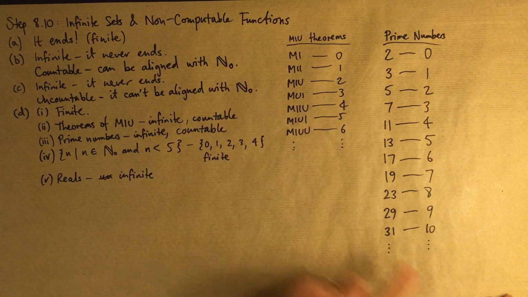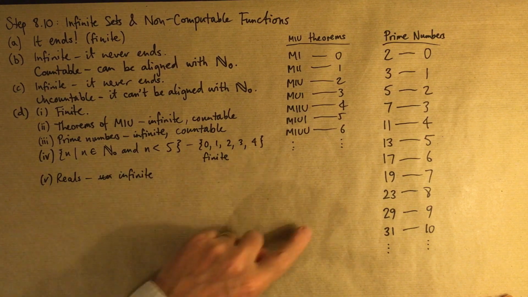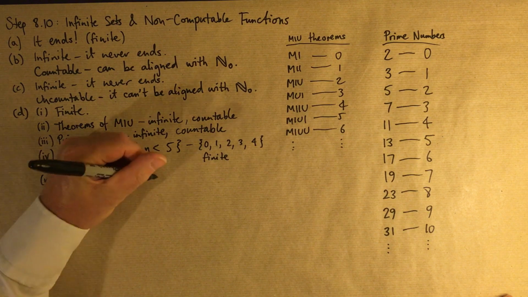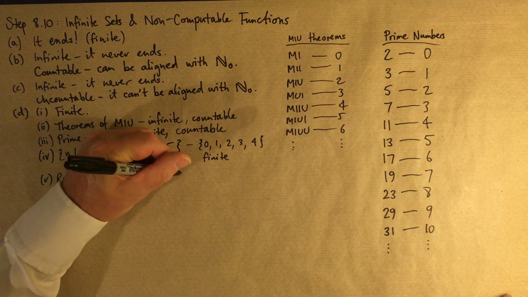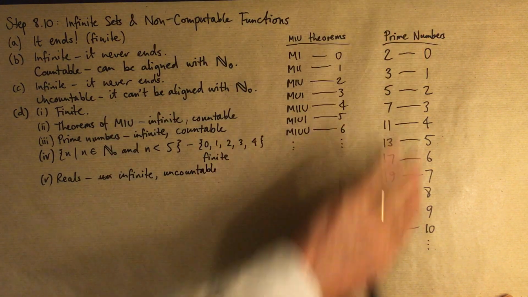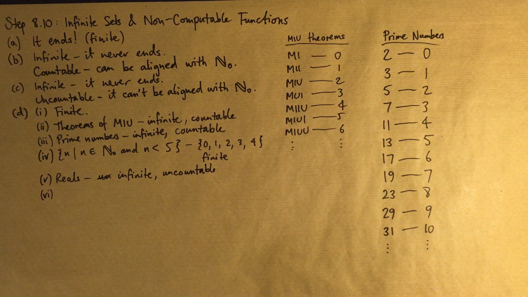So x is a real number, y is a real number, anywhere in here is a pair xy, where x is a real number and y is a real number. We know it's infinite. I also showed you in the video that it's uncountable because you can't form a mapping like this. The diagonalization argument shows you that that's the case. So let's have a look at the next one.